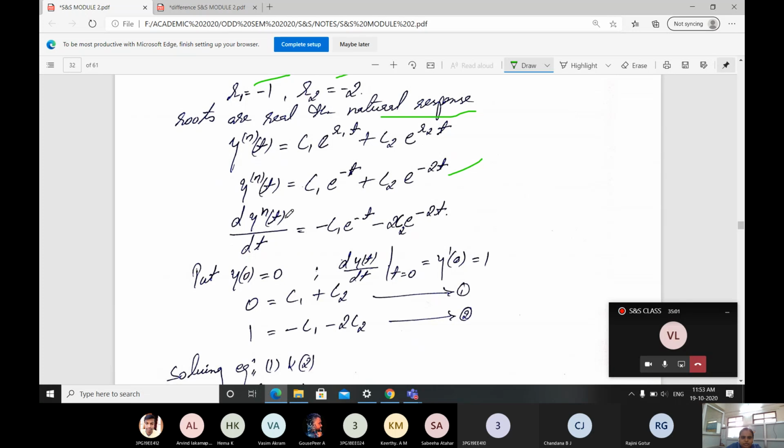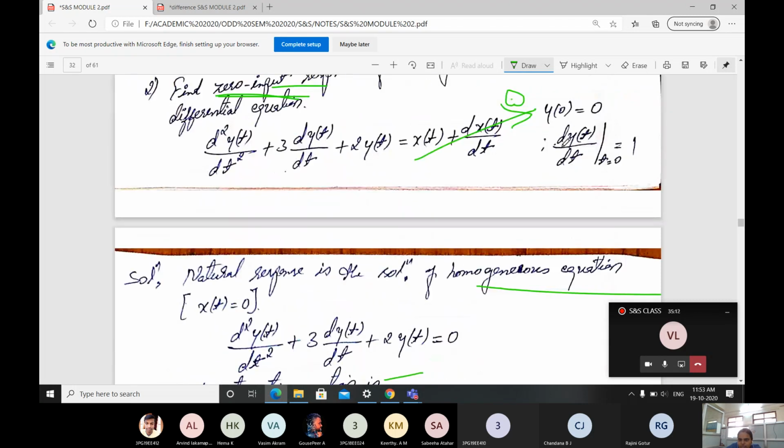Then I differentiate this natural function, that is yn of t. Why do we have to differentiate? Because here you observe dy of t divided by dt at t equal to 0 is equal to 1.